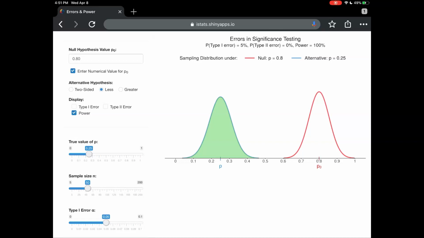I decreased it so far that the power is now 100%. So what happens is, as we take our p-value and we make it smaller and further away from our null value, we're going to see that the power is going to increase because we're increasing the distance between the null and the alternative hypothesis.